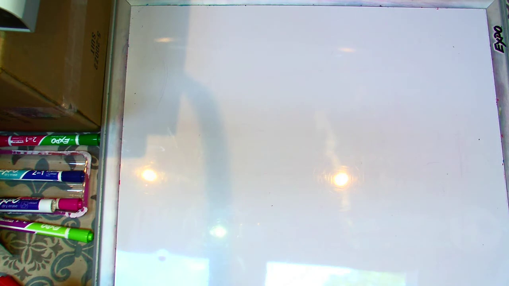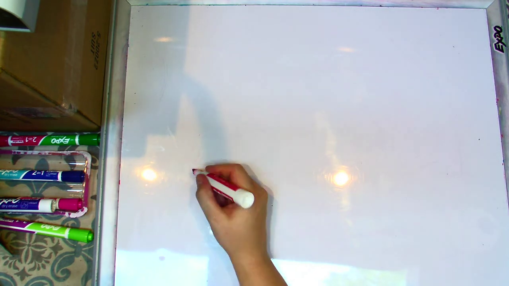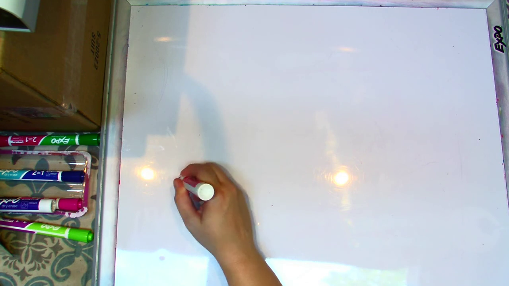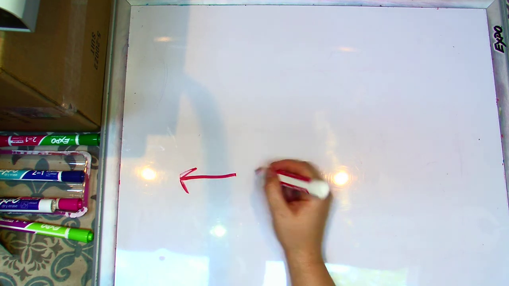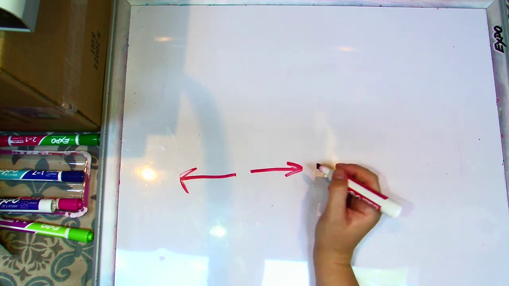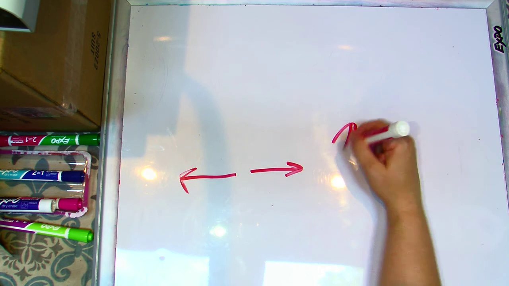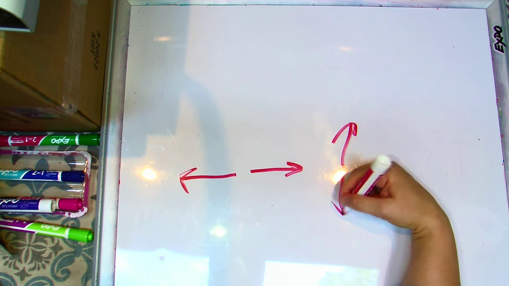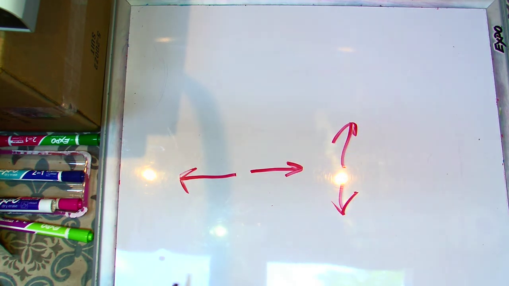Now, previously, we've only been looking at motion in one direction. So we've been looking at it in terms of side to side, as well as up and down. Now, we've assigned positive and negative signs to these in order to show direction.